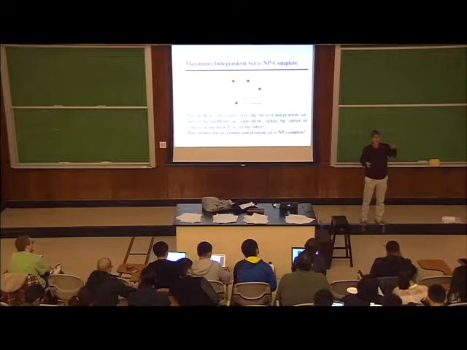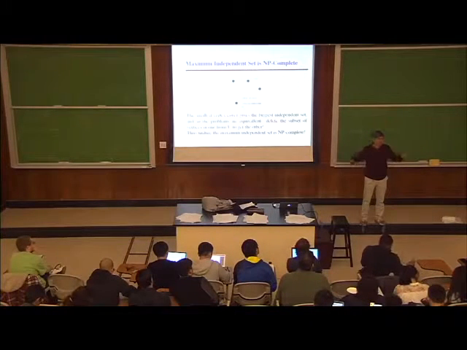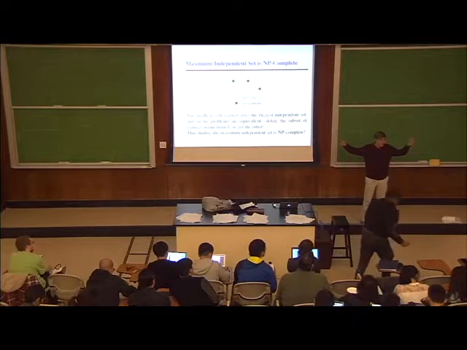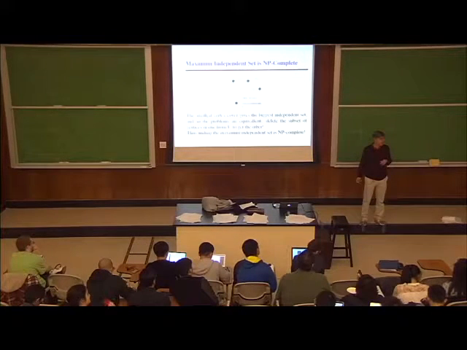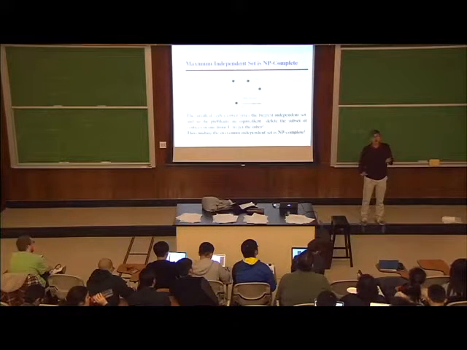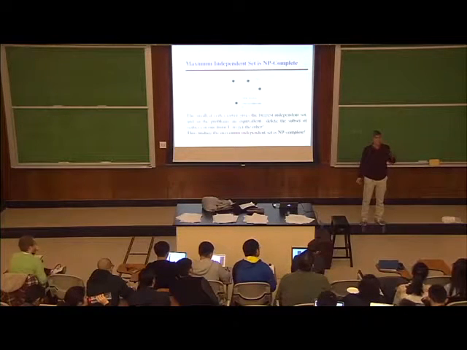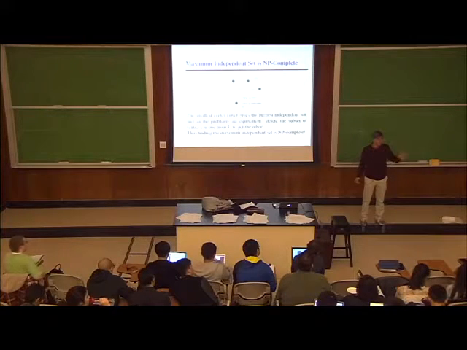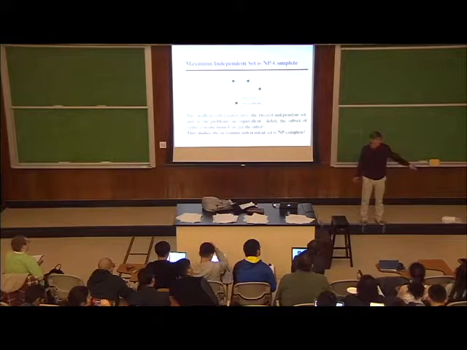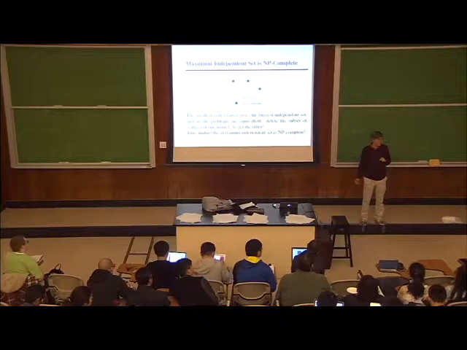If I gave you the answer to a shortest path problem, is there a path of 693 miles between here and California? Could you check that in polynomial time if I give you the path? You would say, yeah, I can even compute the whole thing from scratch. Problems that are in P, polynomial time, mean we can compute it. You don't need to check it. You don't need to copy from the guy next to you.